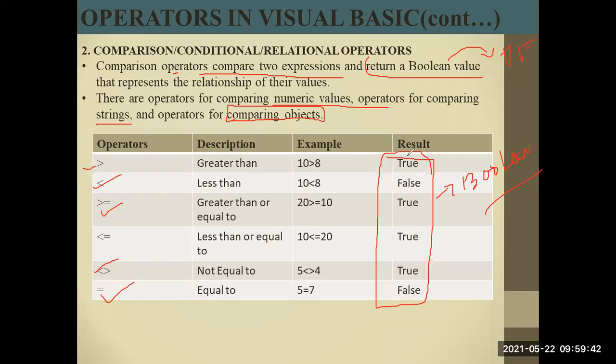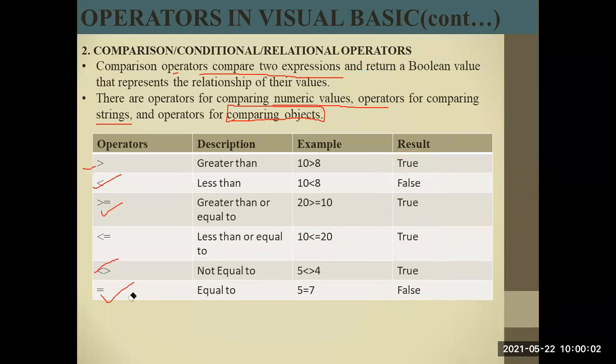So it is used to establish a relationship between variables, numerical values, strings, and even between objects. We can compare objects also. So these are the operators that are supported by visual programming.